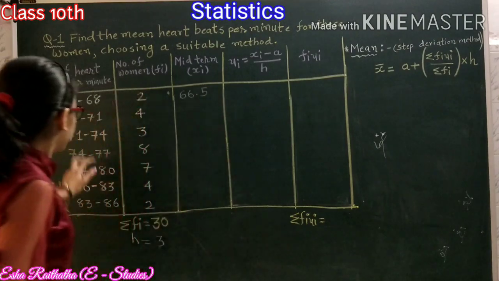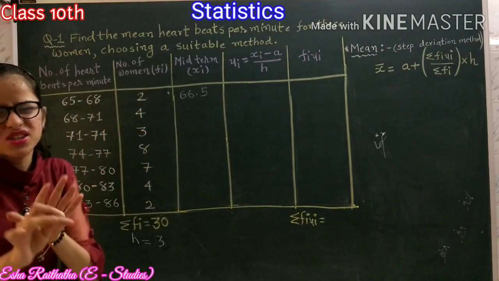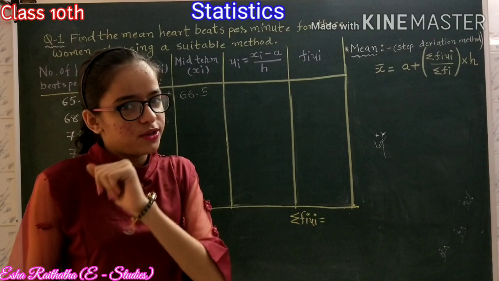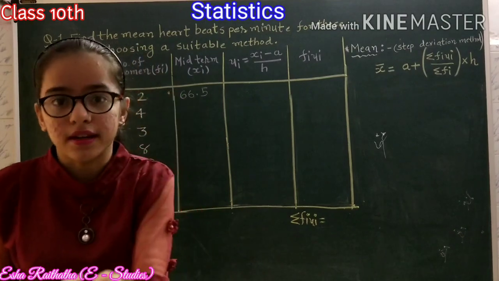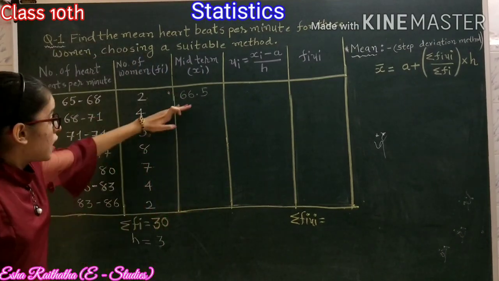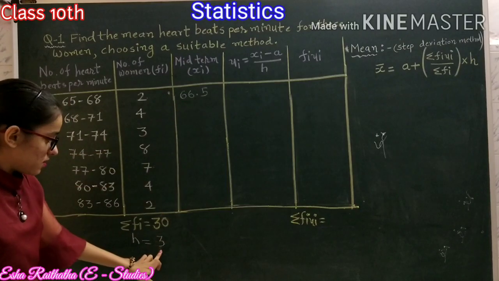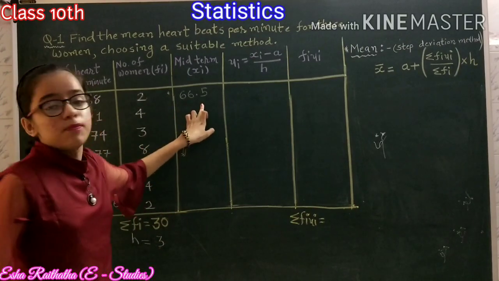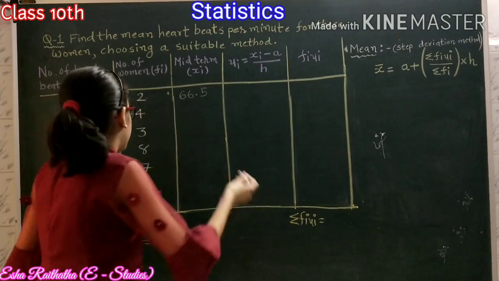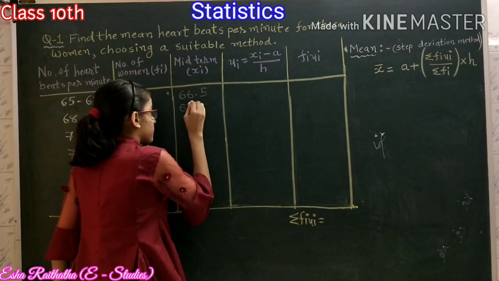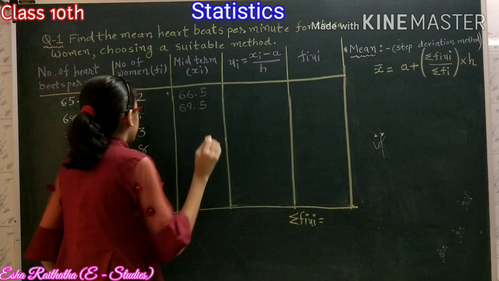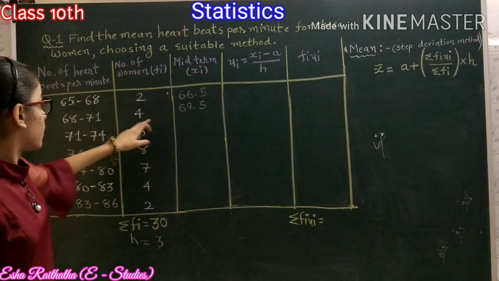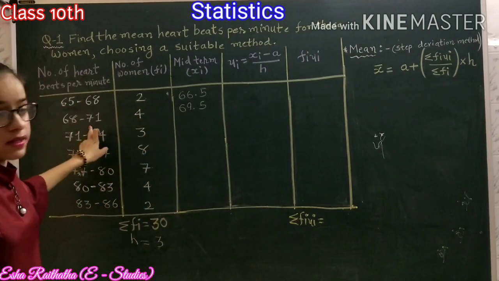Now for the next ones, it's very long, so we will use a trick. The trick is that we add h to this. So 66.5 plus 3 will be 69.5. So we have got the midpoint, the midterm of this.